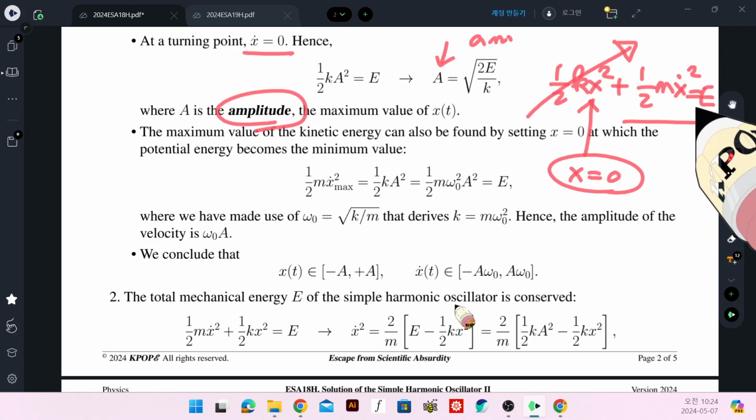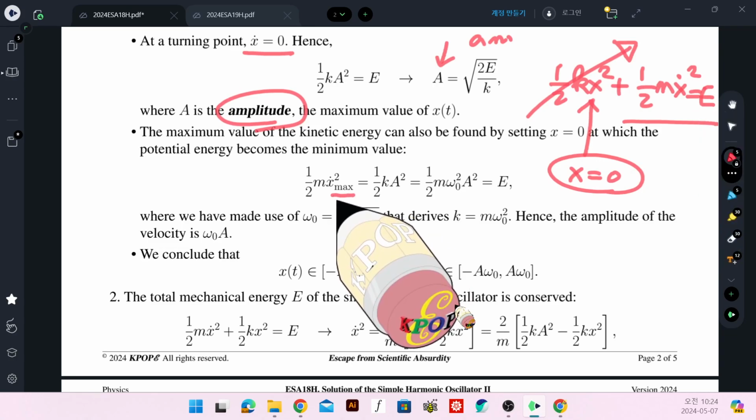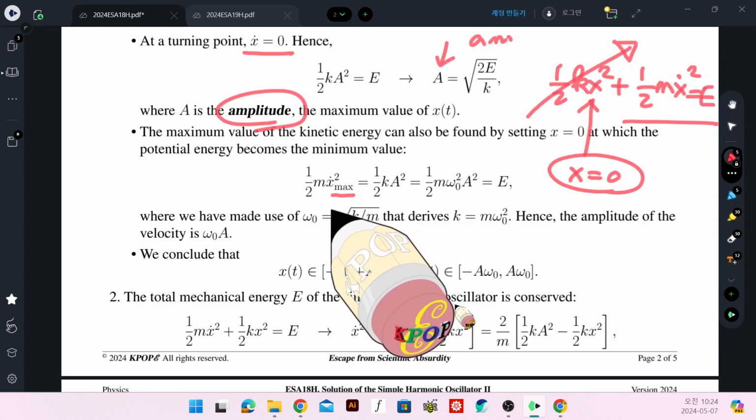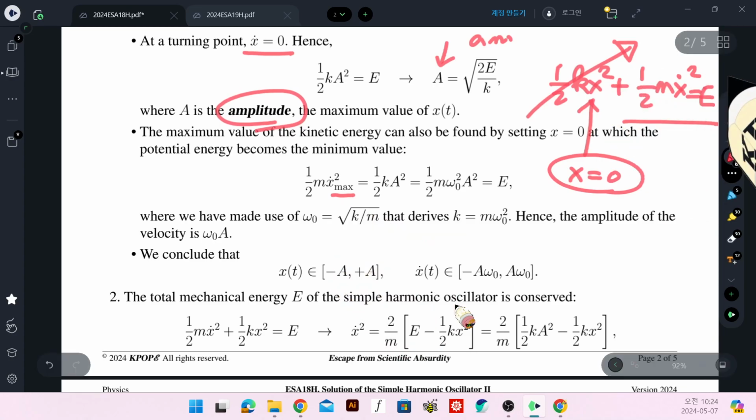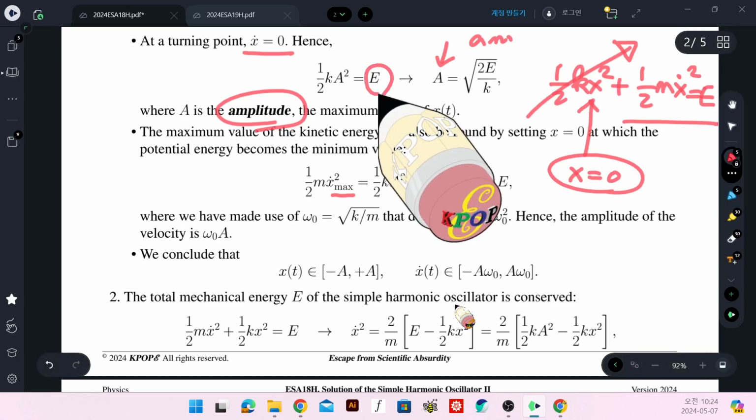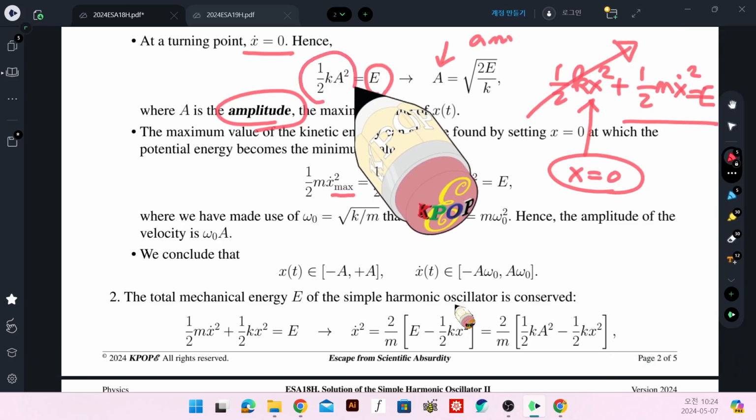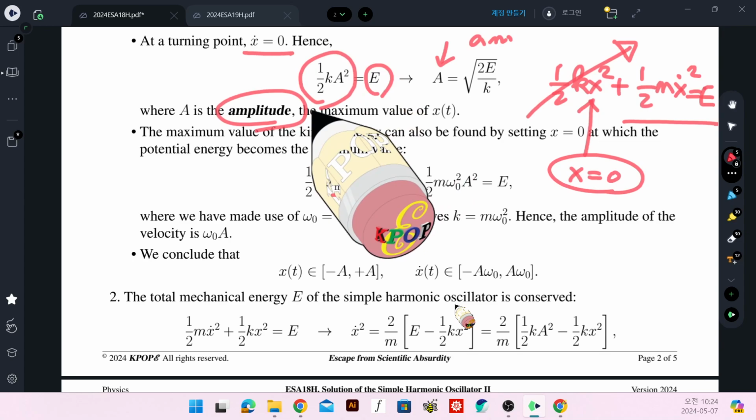The maximum value of the velocity can be computed by making use of this identity. We know the total mechanical energy is identical to 1/2 k amplitude squared.